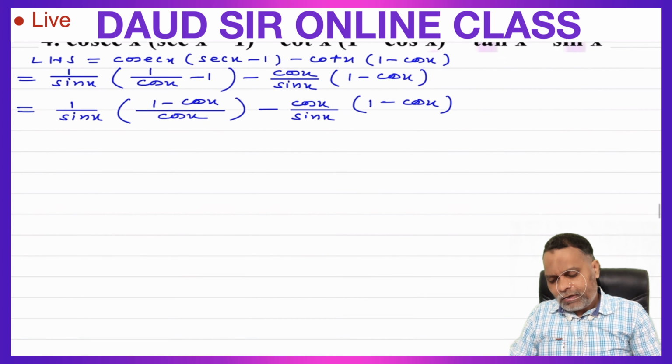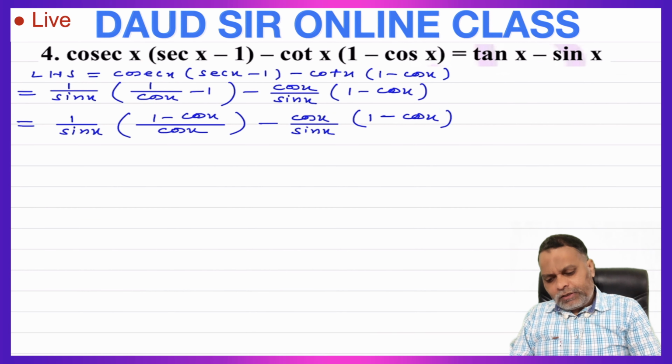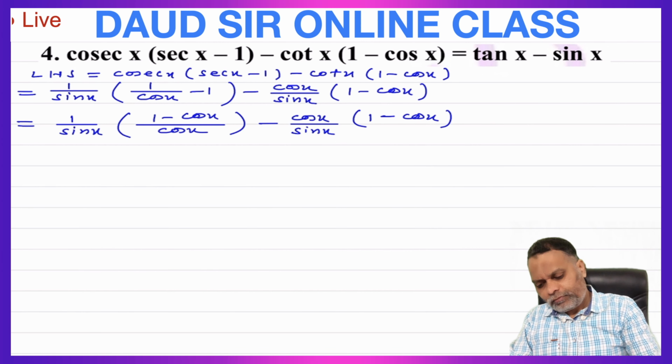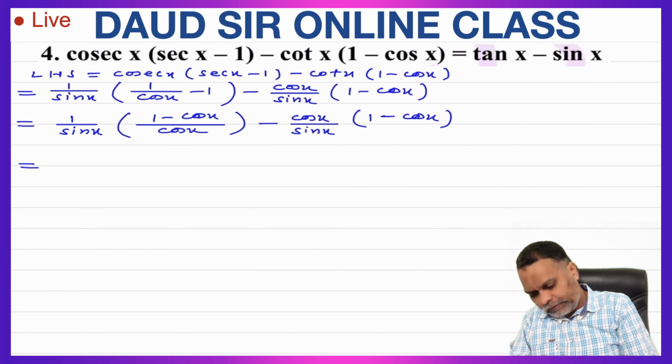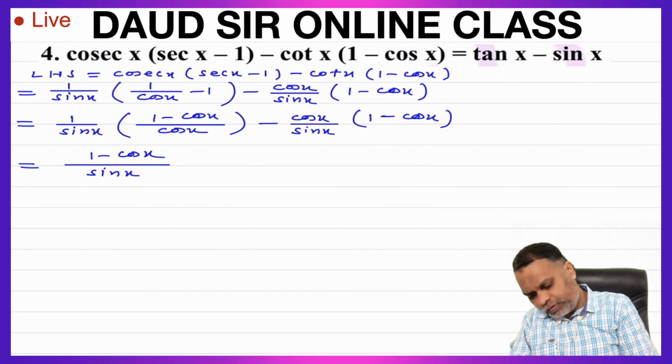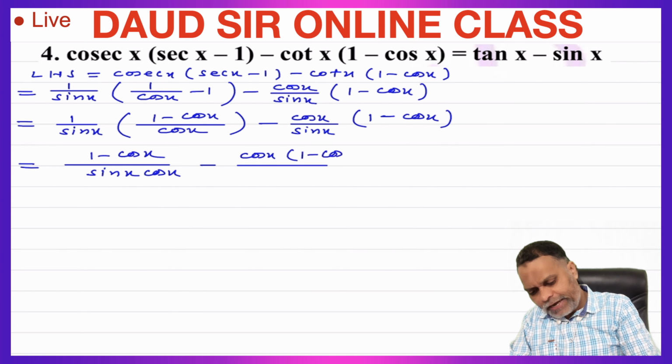Now we can write this 1 minus cos x upon sin x into cos x. In this way we can write this minus this, we can write cos x into (1 minus cos x) upon sin x.